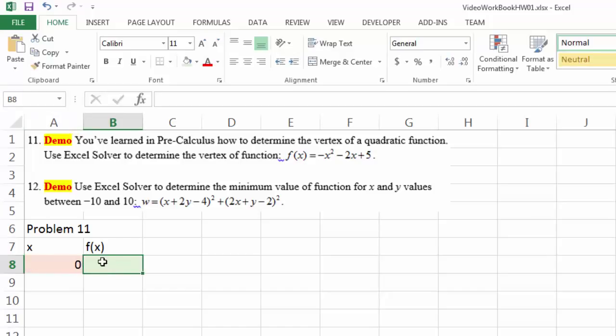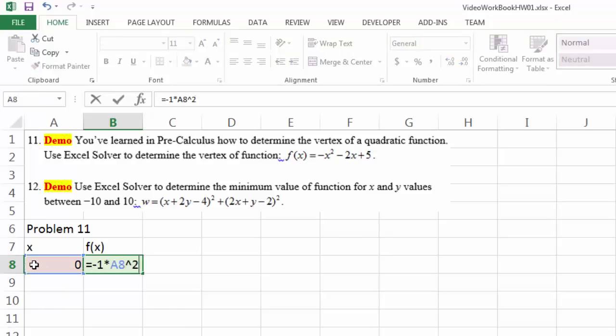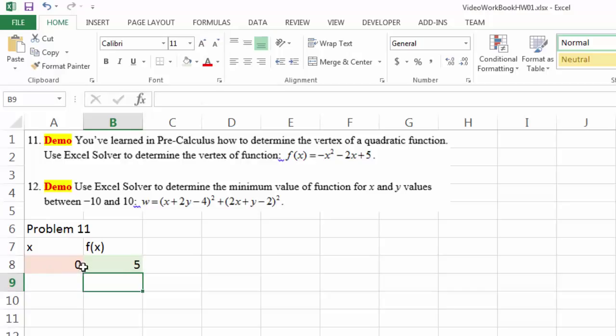And we're going to calculate the f(x) value using this equation. So that equals -1 times x raised to the second power, minus 2 times x, plus 5. Again, this x right here is simply a comment, a note. It's not involved in the calculation. It's this cell right here that's involved in the calculation. So that equals 5. That's about right: 0, 0, 5, yes.